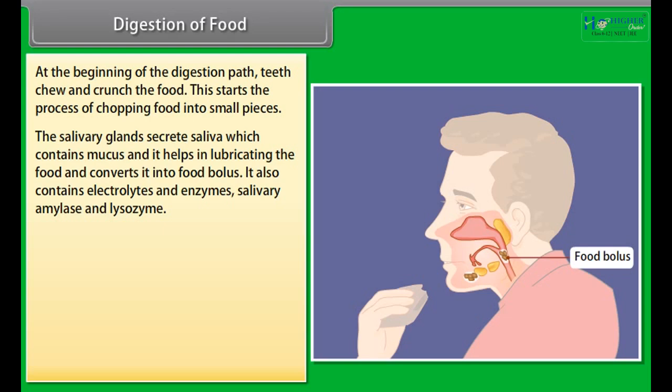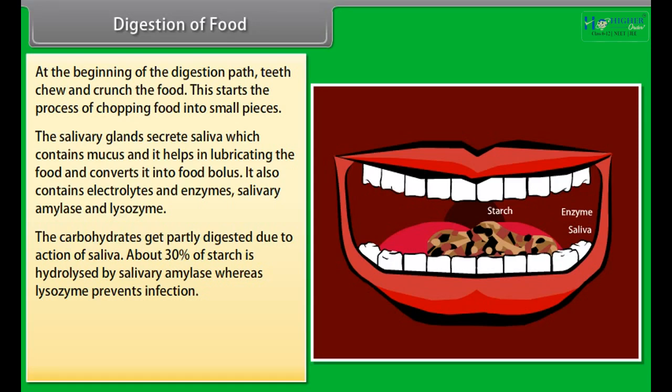It also contains electrolytes and enzymes, salivary amylase and lysozyme. The carbohydrates get partly digested due to action of saliva. About 30% of starch is hydrolyzed by salivary amylase, whereas lysozyme prevents infection.